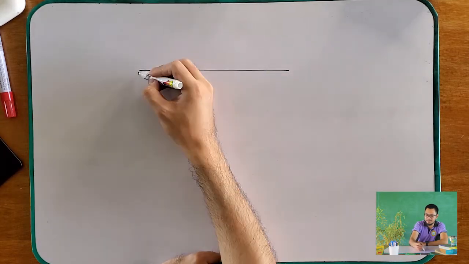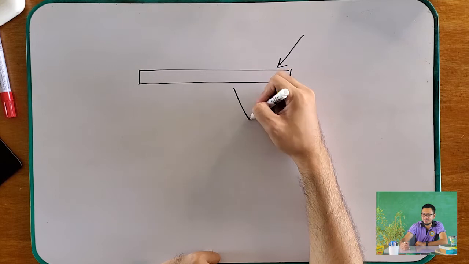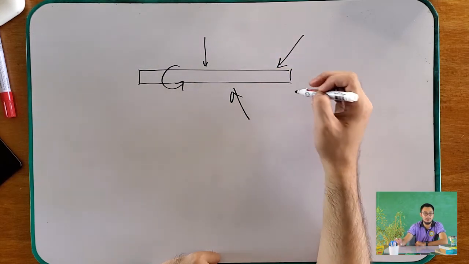Why do we do simplification of force and couple? Because sometimes it is more convenient to reduce a system into a simpler system. Say for example, you have a beam here, and this beam is subjected to multiple external forces and couple moments.